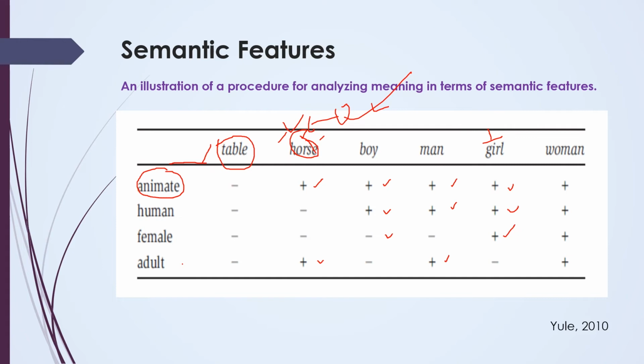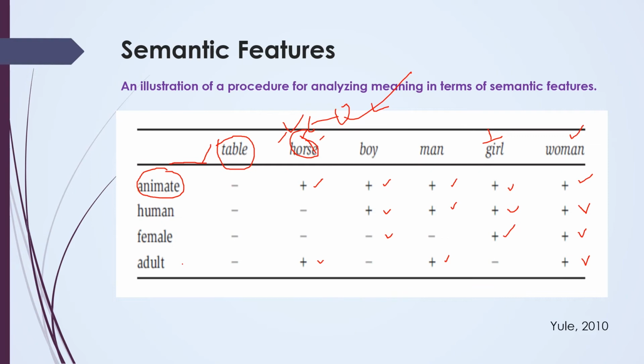But in the word woman, we know the woman has the ability to do things, so animate, that's why it is a tick. Yes, woman is a human, so we can refer to it as a tick as well. Female version, yes, female, and adult as well, so all classes are in there.